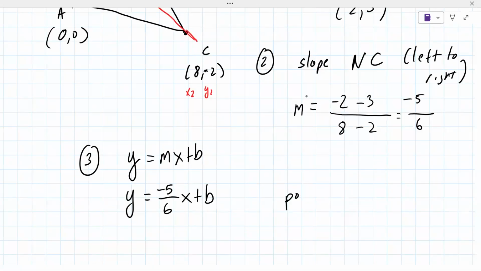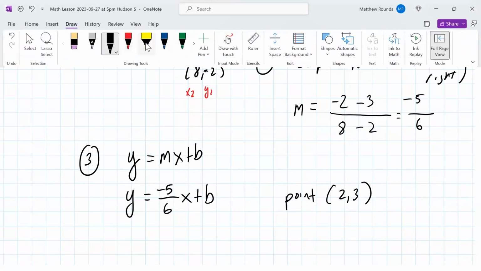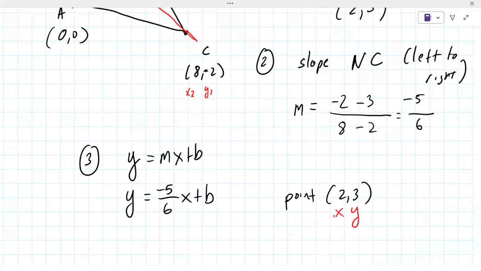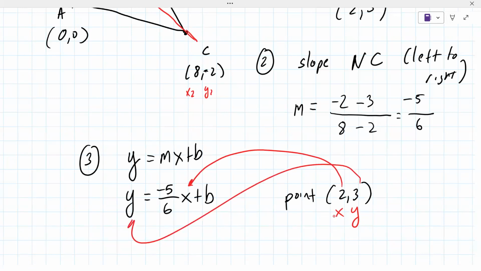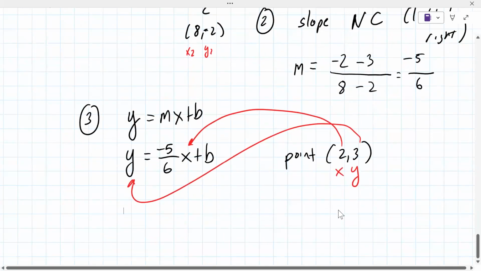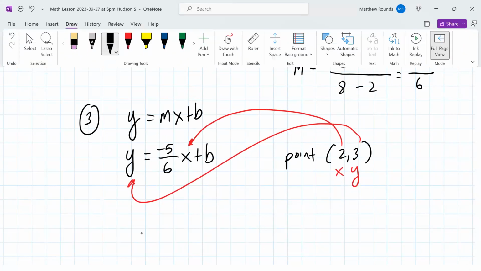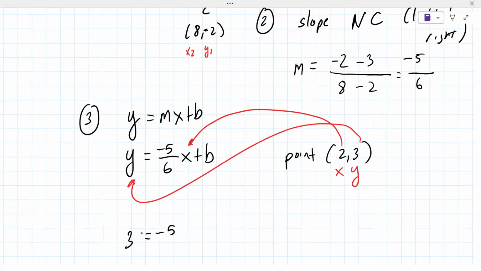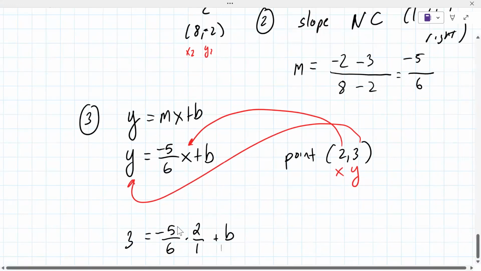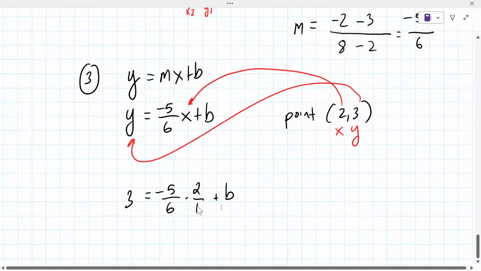We're going to use the point 2, 3. So that's x, that's y. We're going to put those values in. So it's 3 equals -5/6 times 2/1. You can always write a number as being 2/1. I want you to multiply this fraction and simplify it for me, please.